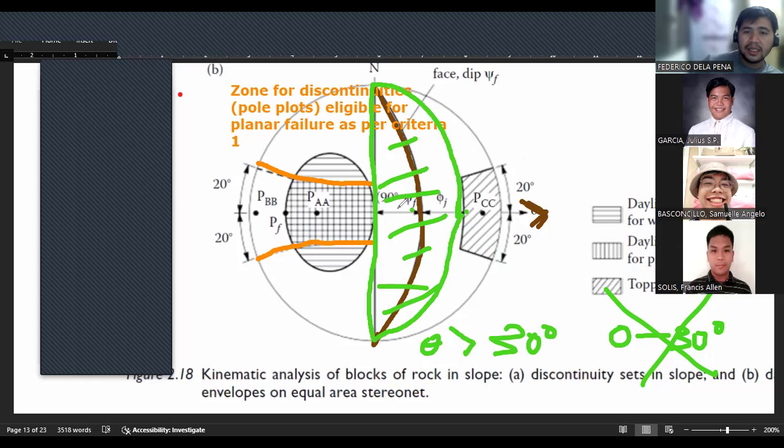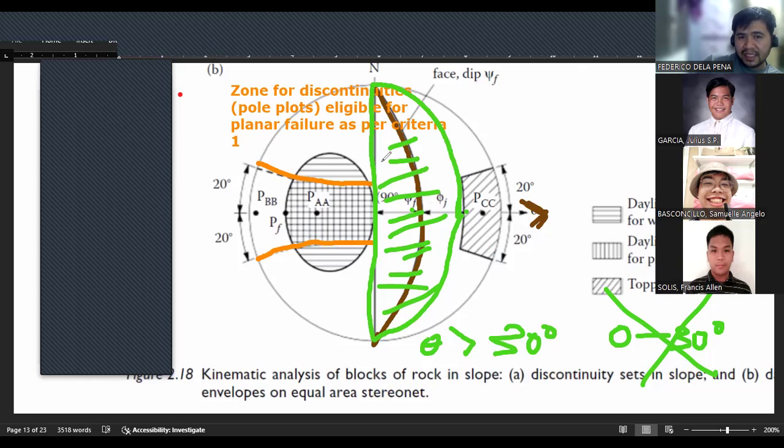If we're just drawing the criteria in terms of arc plots, this is what criteria 2 would look like.